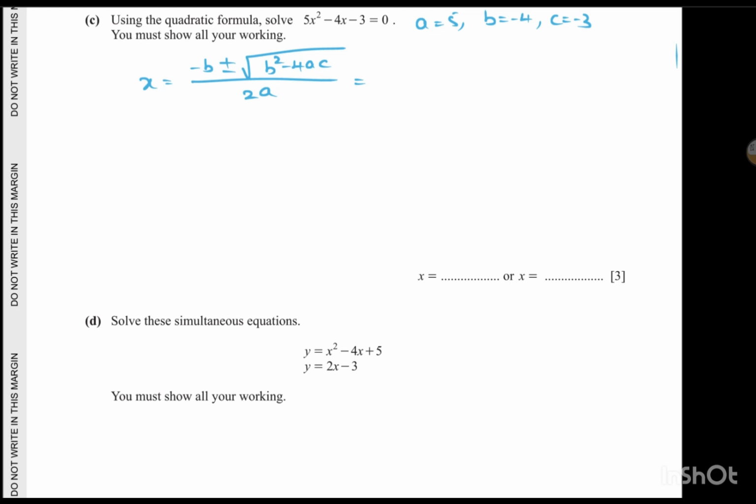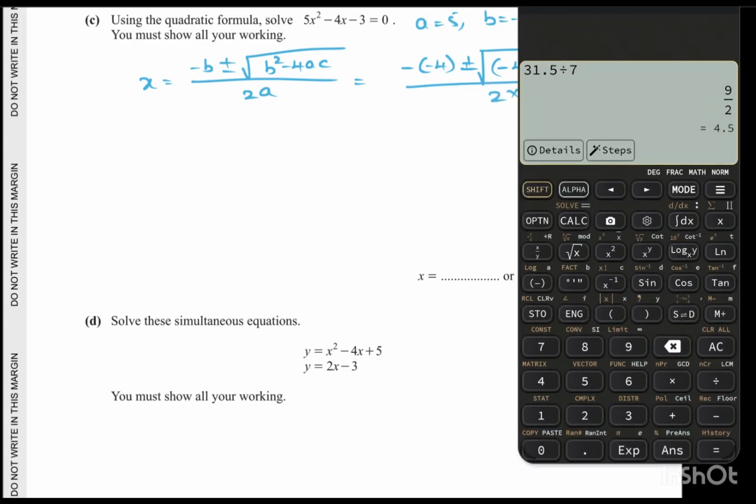Substitute these values. Minus of minus 4 plus or minus square root of minus 4 whole square minus 4 into 5 into minus 3, by 2a, 2 into 5.